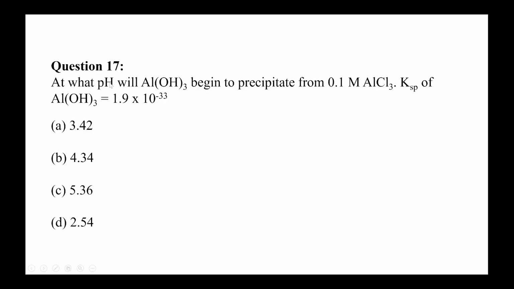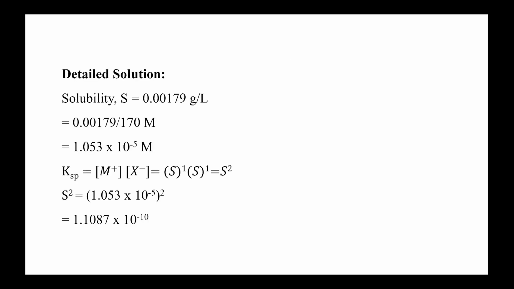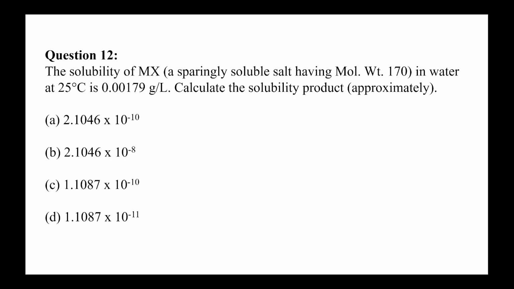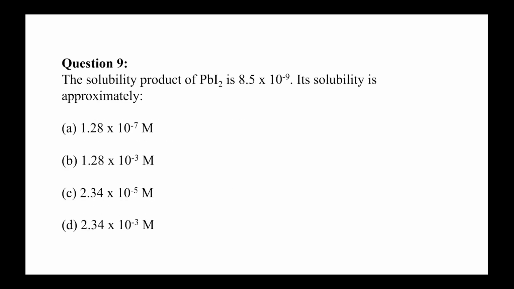So this was a different question where Al3 plus concentration was given and we had to calculate the concentration of OH minus ion. I think the question that is similar to the one you are asking is the one we solved previously.